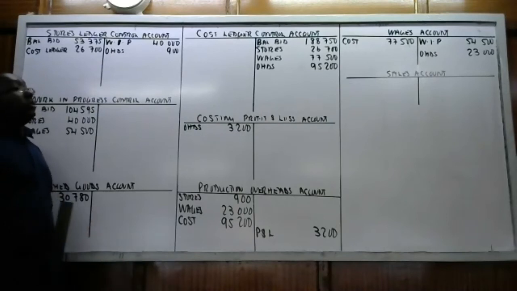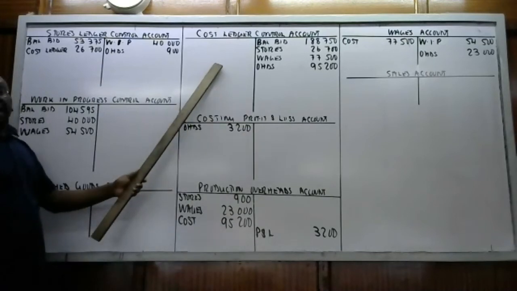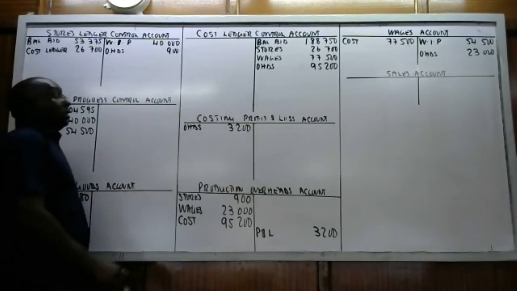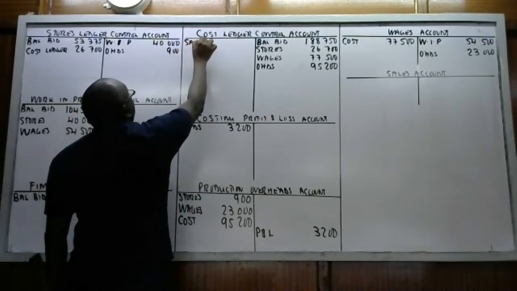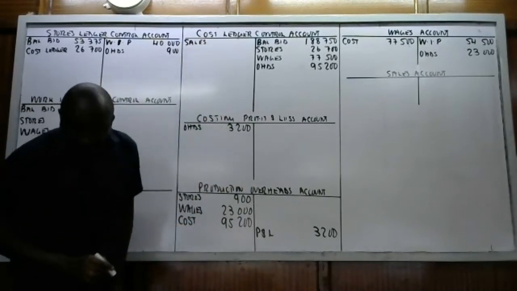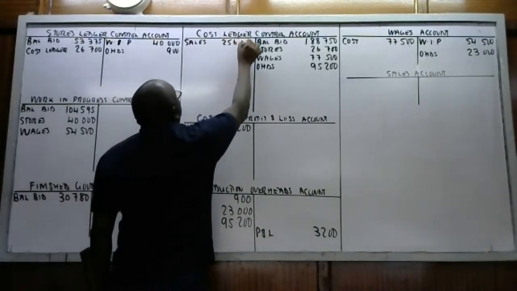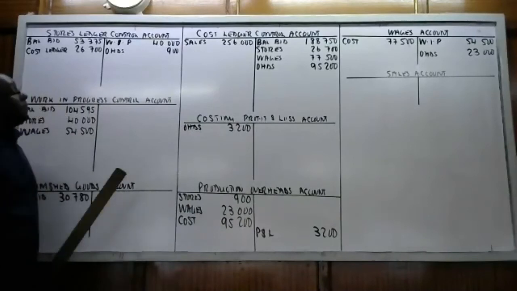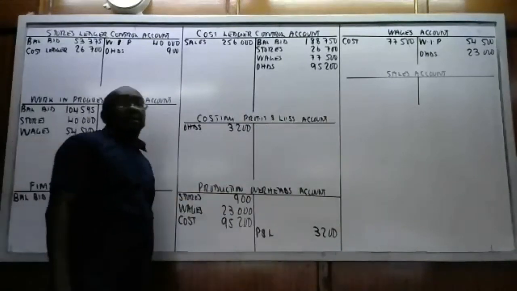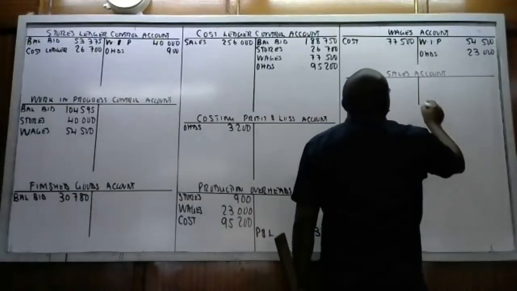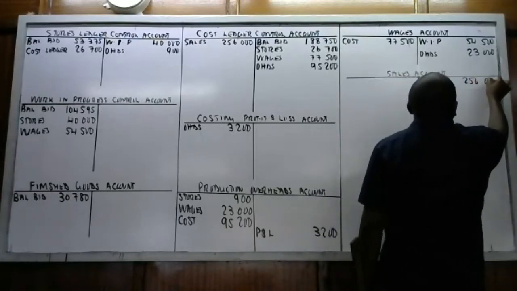When you make sales, you debit the cost ledger, which is your bank, and credit the sales. So starting with the cost ledger, because of sales, we will debit to show that we have received the money, 256,000. Then you go to the sales account and credit it because of the cost ledger, 256,000.